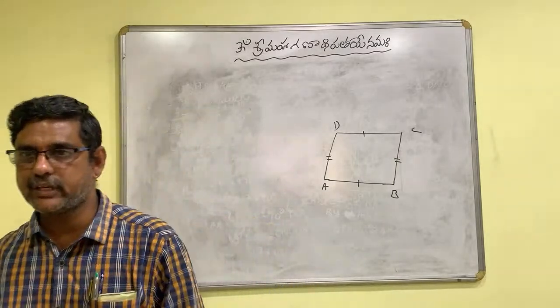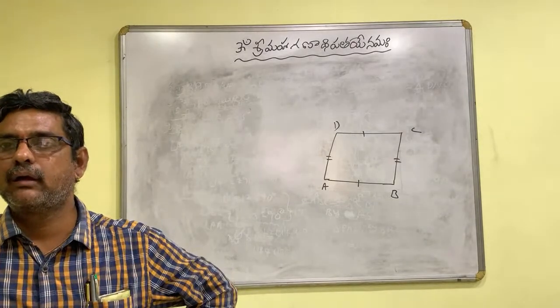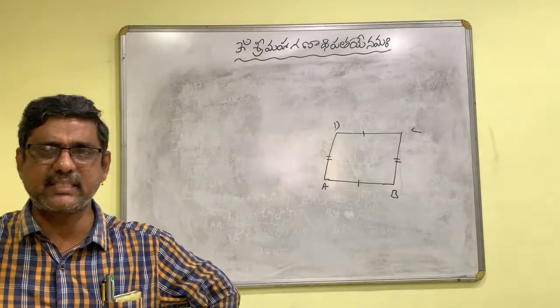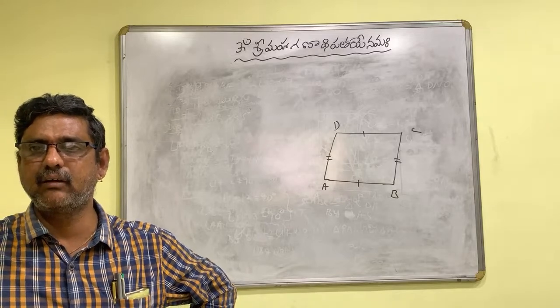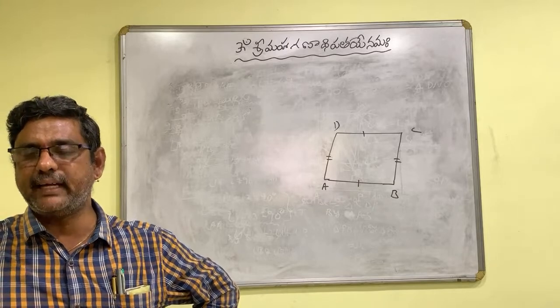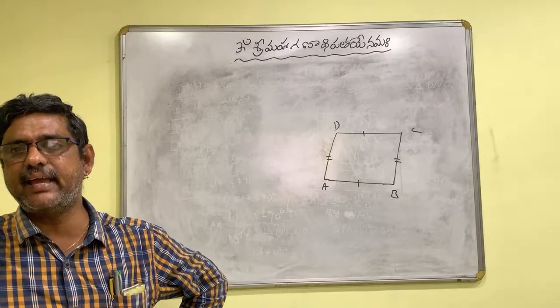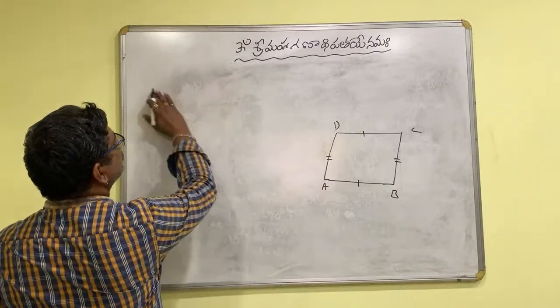Okay? Now, we have to prove that ABCD is a parallelogram.